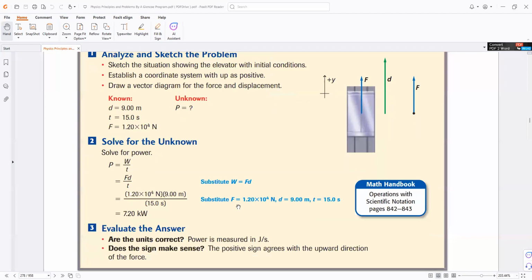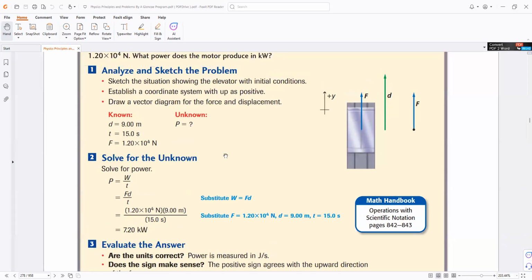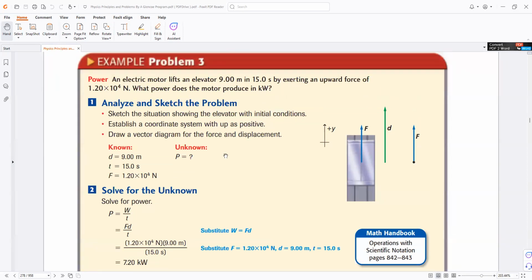If people are interested, it is beyond your level, but the situations are very good. This is the situation: an electric motor lifts an elevator 9 meters in 15 seconds by exerting an upward force of 1.20 times 10 power 4 newtons. What power does the motor produce in kilowatts?